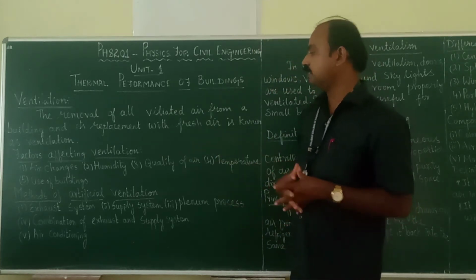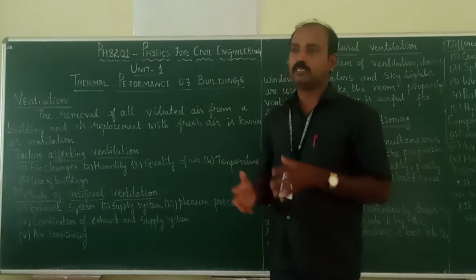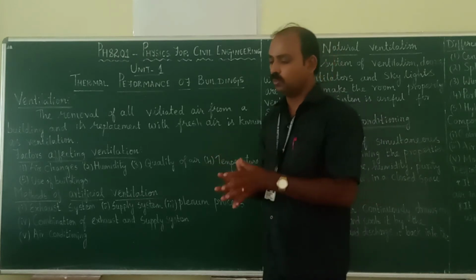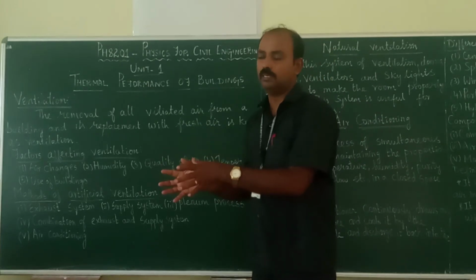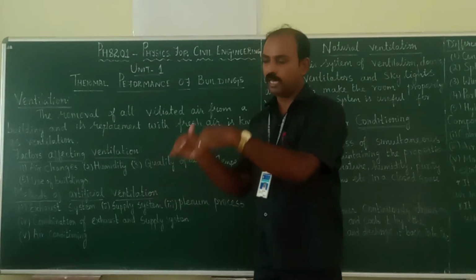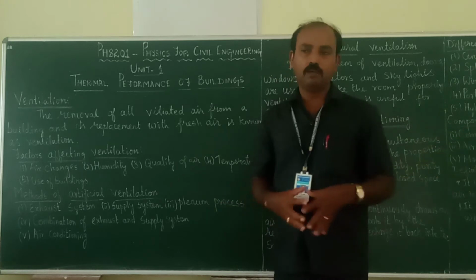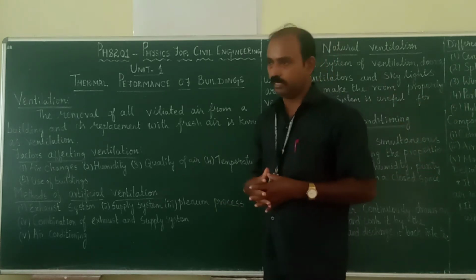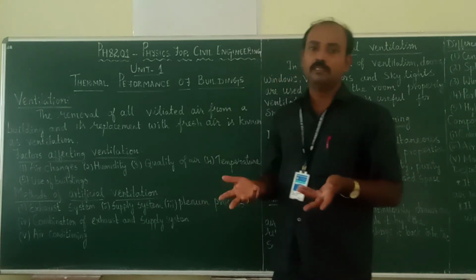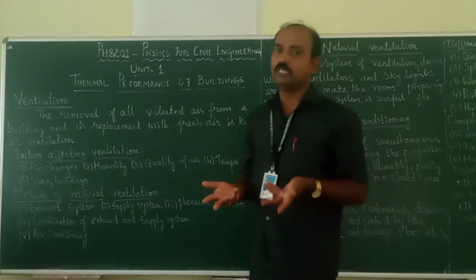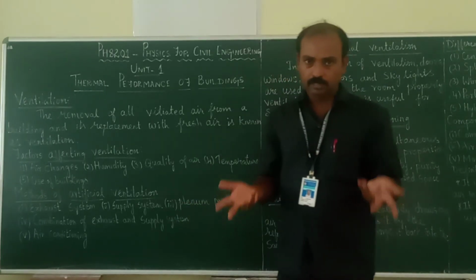The first one is the exhaust system. The exhaust system is used to take unhealthy air out of the room, and fresh air enters. Unhealthy air means the percentage of oxygen is lower.